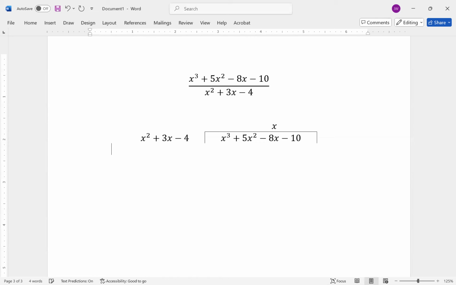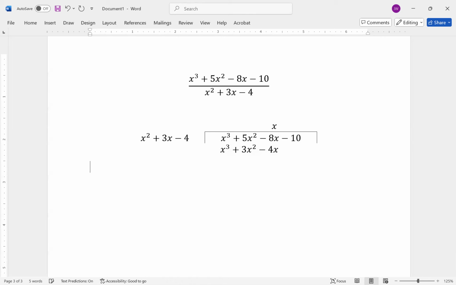Once I do that, right underneath my dividend I multiply x by x squared plus 3x minus 4. That's going to give me an x to the third plus 3x squared minus 4x. I try, as much as I can, to align that underneath the correct terms, the like terms.